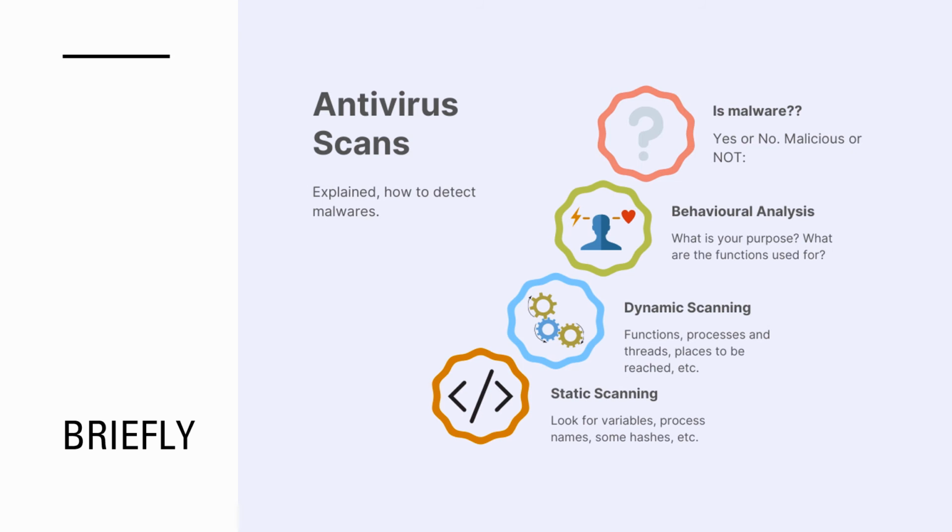Briefly, we can see some scanning in this slide. The static engine checks variable names, process names, or malicious MD5 hashes, etc. The dynamic side checks functions, processes, threads, and places to be reached, like lsass.exe. We saw this example.